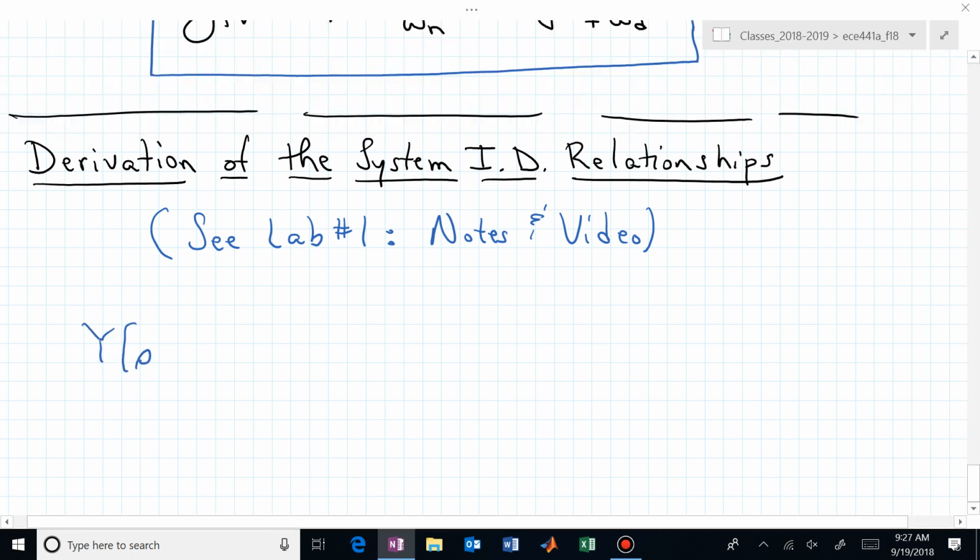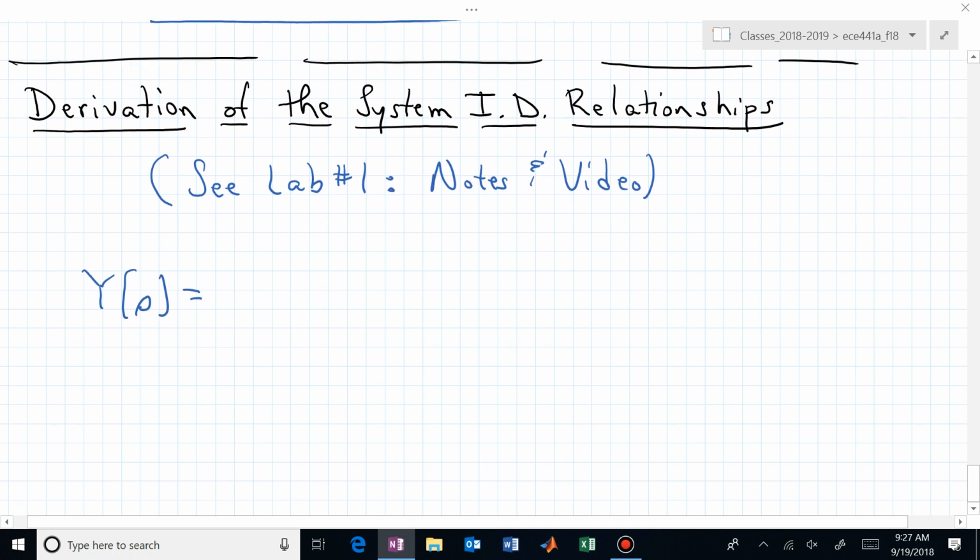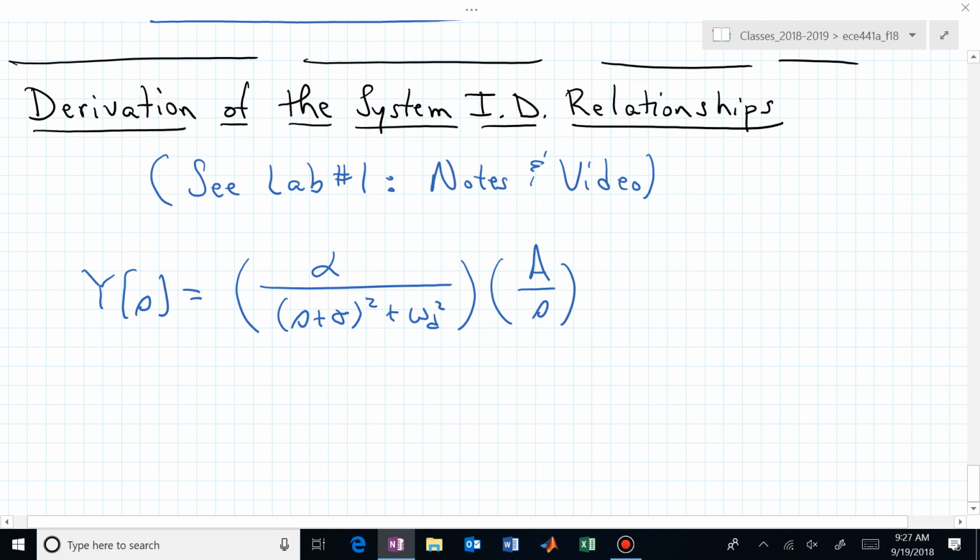Our output was G of s, R of s. And G of s was alpha over s squared plus 2 sigma s plus sigma squared plus omega sub d squared, and that was times R of s, which was A over s.